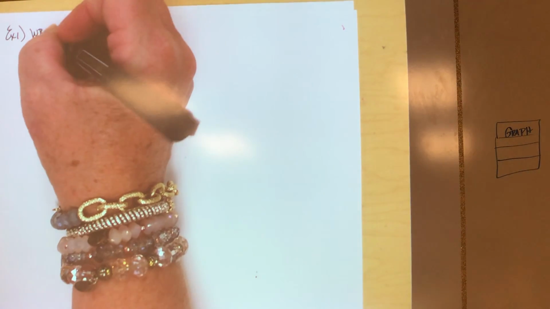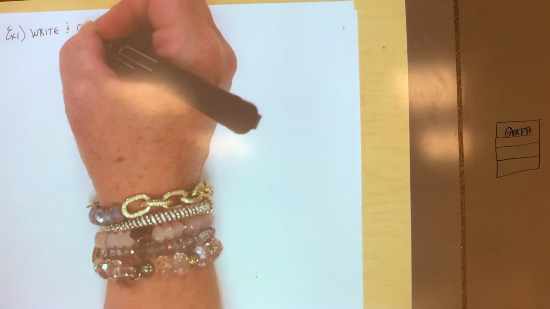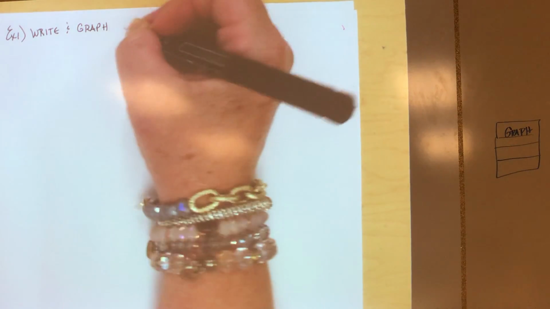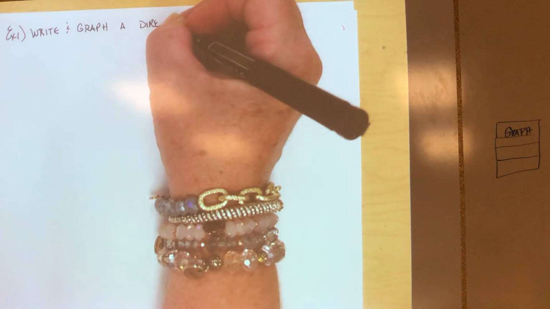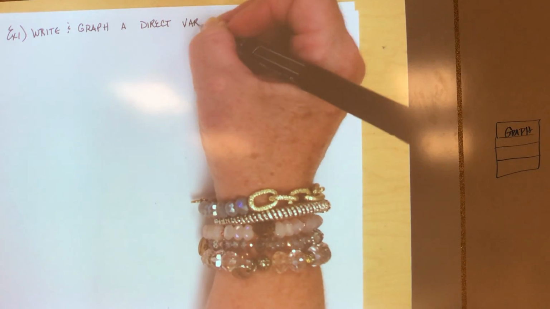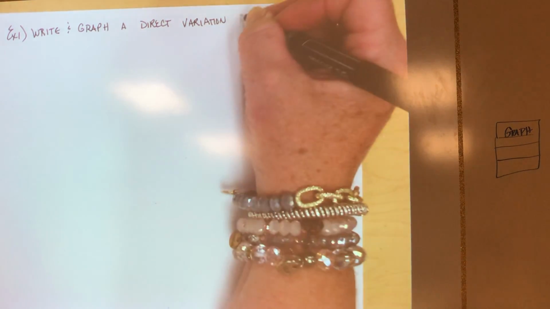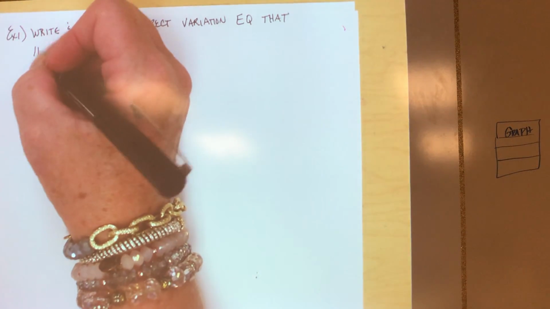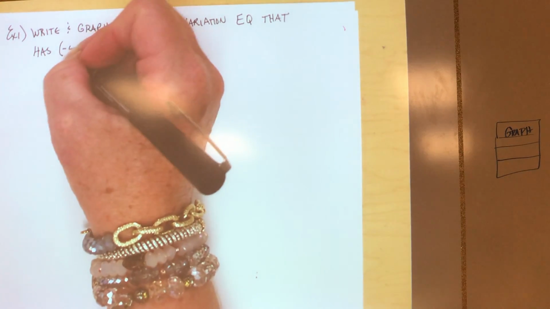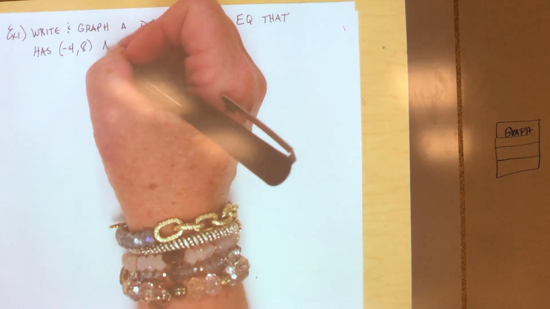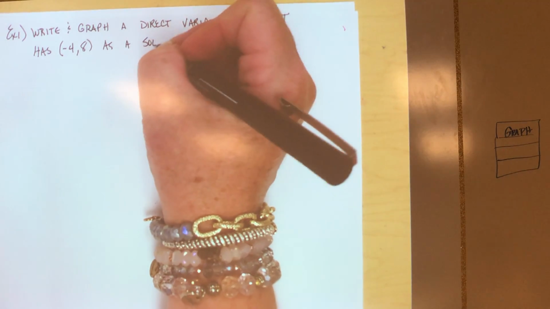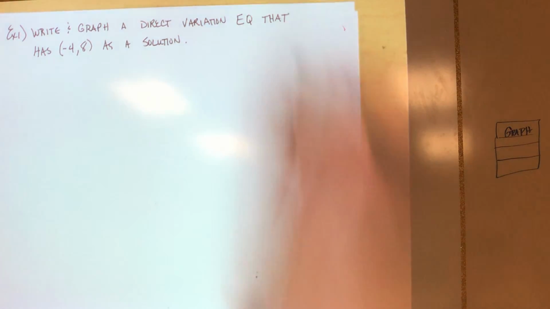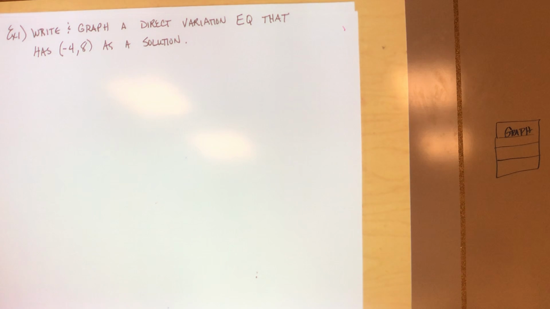Write and graph a direct variation equation that has -4, 8 as a solution.